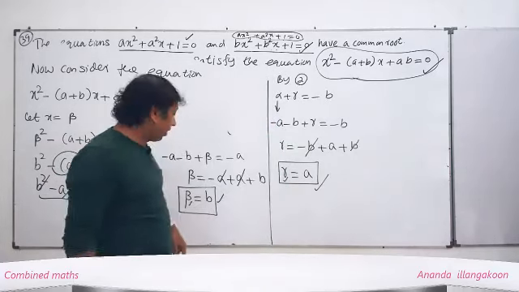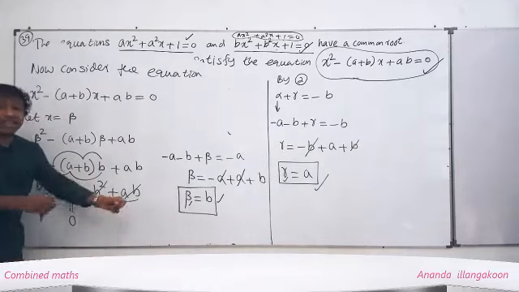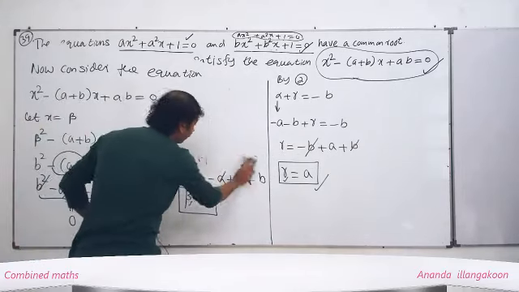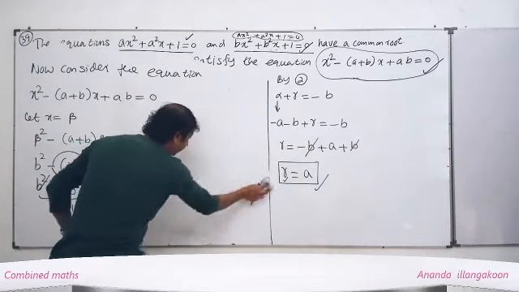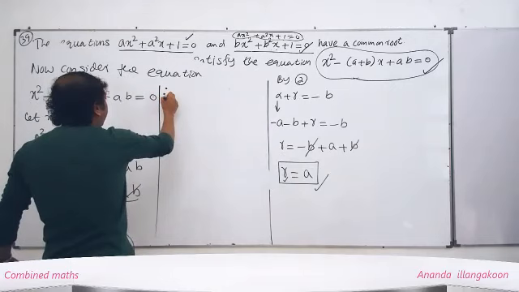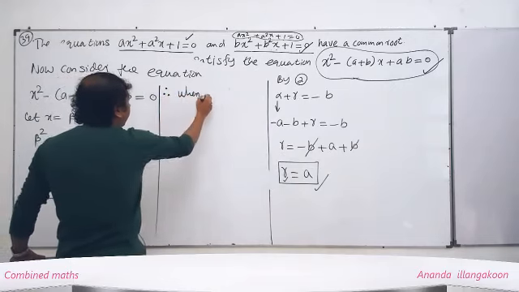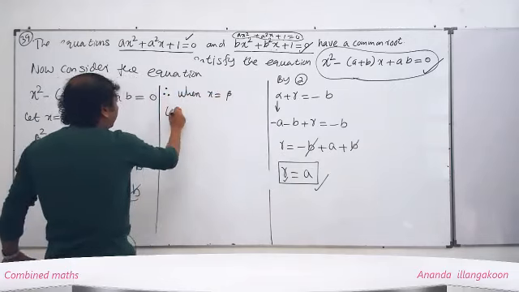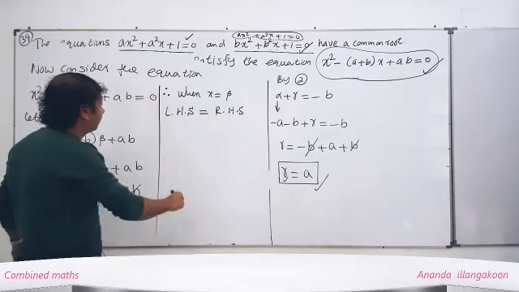Okay, right. And then you can write: therefore, beta satisfies the equation. Therefore, when x equals beta, left-hand side is equal to right-hand side. Therefore, beta satisfies.